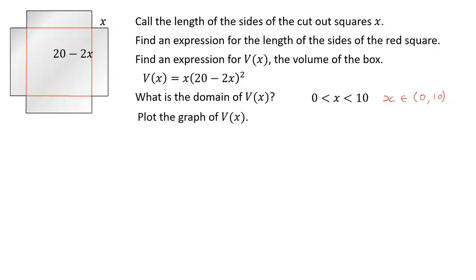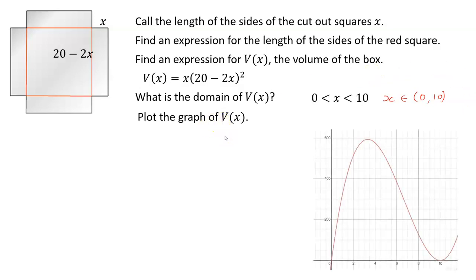Now, if we consider the graph of the volume function, it looks like this. I haven't restricted my domain in this diagram, but we're going to ignore this bit and ignore this bit. So for any value of x, this gives me my volume.